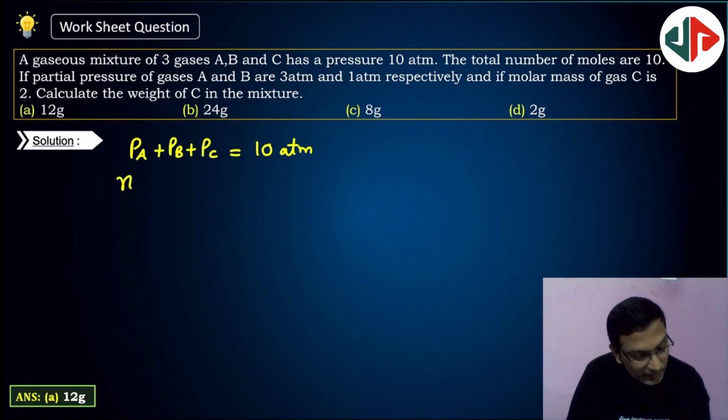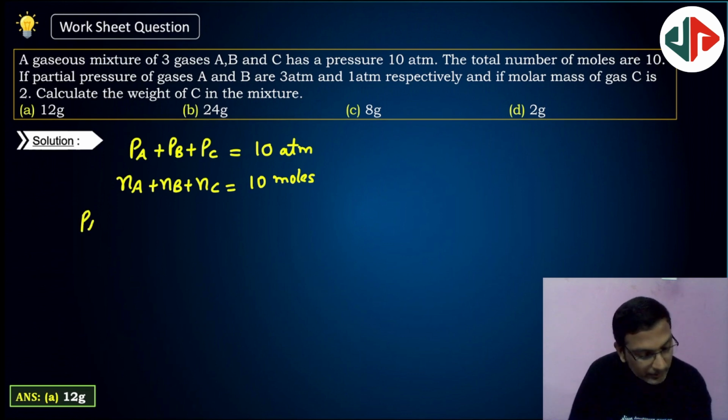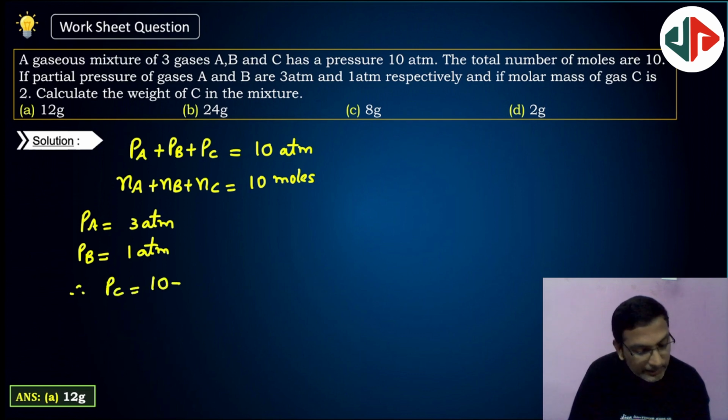Next, total number of moles Na plus Nb plus Nc equal to 10 moles. These two are given. Next, partial pressure of A and B are 3 and 1. So, Pa equal to 3 atmospheres and Pb equal to 1 atmosphere. Therefore, from this Pc equal to 10 minus 4, which is 6 moles. That means 6 atmospheres pressure.